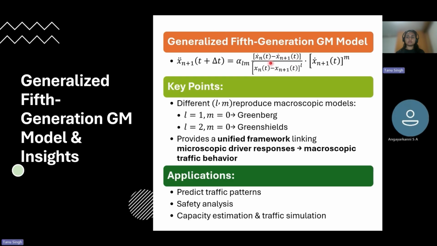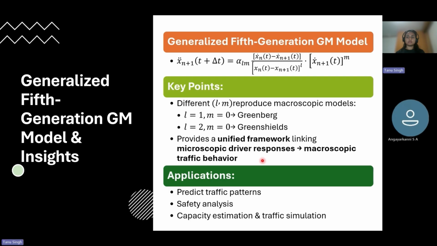If we put those values along with the l and m values, we get the corresponding Greenberg and Greenshield models. This unified form demonstrates a powerful link: the same microscopic model with appropriate parameter choices can describe different macroscopic traffic behaviors.